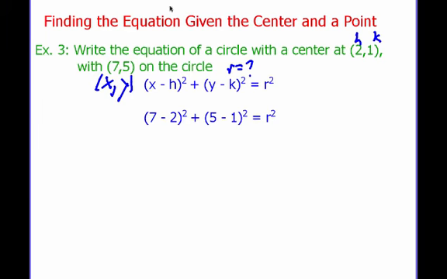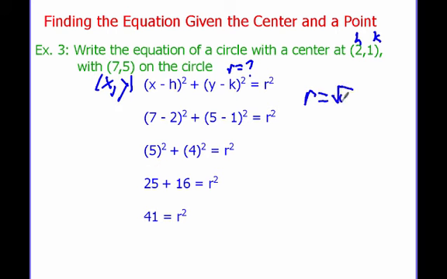Now if I want to work this out simplifying, 7 minus 2 is 5, 5 minus 1 is 4, 5 squared is 25, 4 squared is 16, and 41 is our r squared. Now, that tells us that r equals the square root of 41, but we don't really need to worry about that because we're looking for r squared anyways.